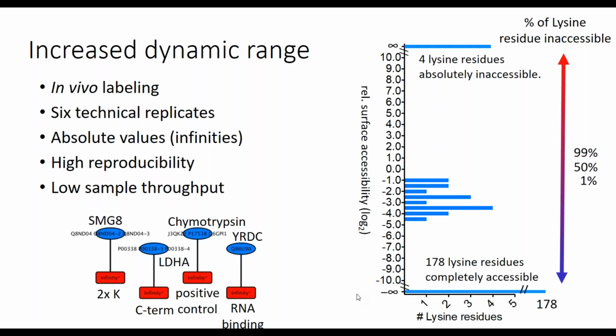In this case, because it's MS2, we remove all this noise, and we can have these infinity cases in log 2. I didn't say that. It's in log 2, so we can be more sure about the values that we are having. And this technique has a high reproducibility and low sample throughput. But we already have this information, and we are integrating this in our comparison.